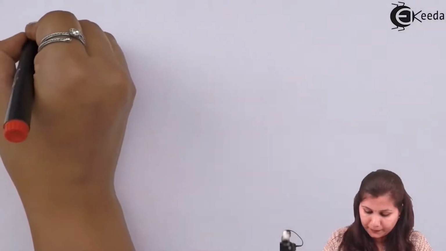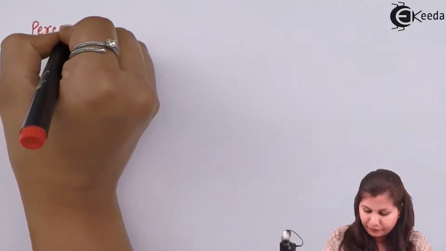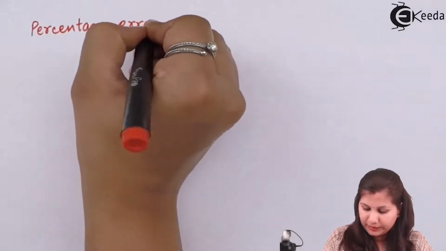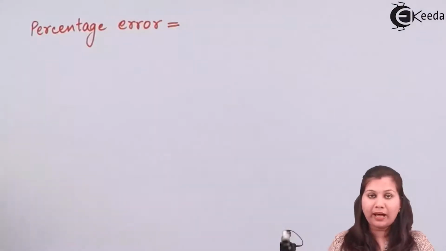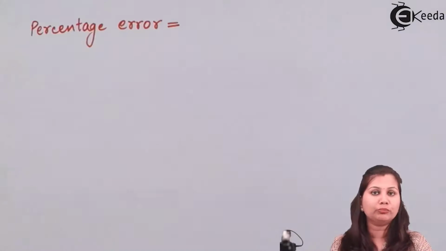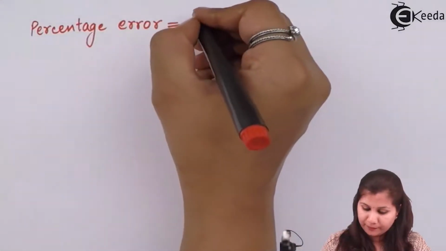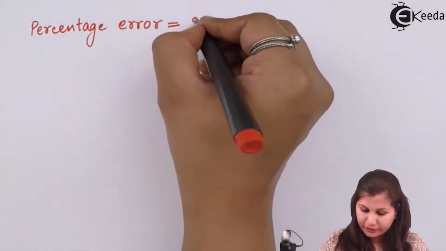So the error in the measurement can be calculated. If we measure the percentage error, then it will be the true value minus the measured value, divided by the true value, multiplied by 100. So here the true value is 94.24.